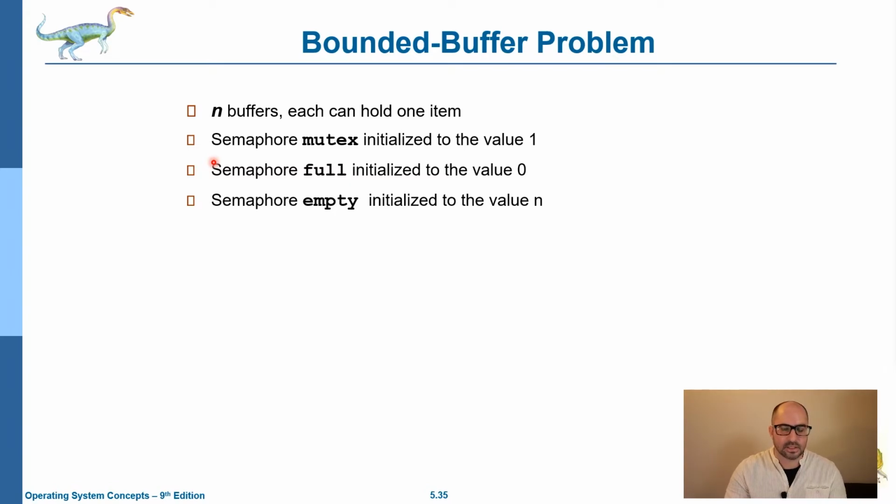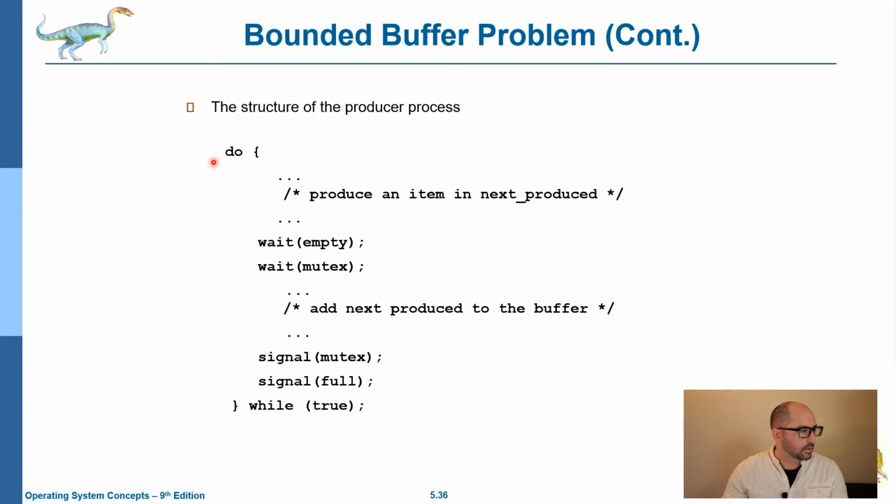Looking at the producer, this is a little easier. So remember, empty is initialized to the size of our buffer. If empty is 0, then the buffer is full. So this counts the number of empty slots. So we wait on an empty slot, we get it.